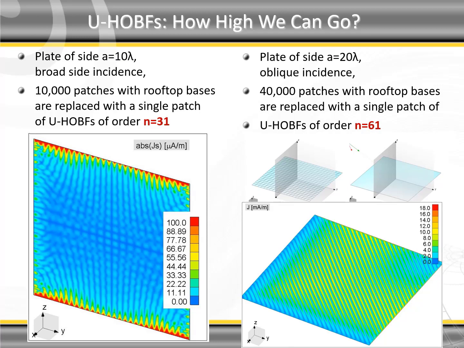Its current distribution is shown on the left. Consider next square plate scatterer 20 wavelengths long with oblique incidence. Instead of using 40,000 patches with rooftop bases, we can use single patch of ultra-high order bases of order 61. Its current distribution is shown on the right.